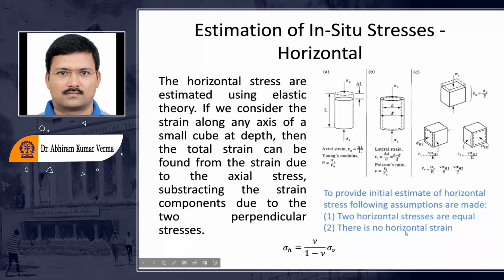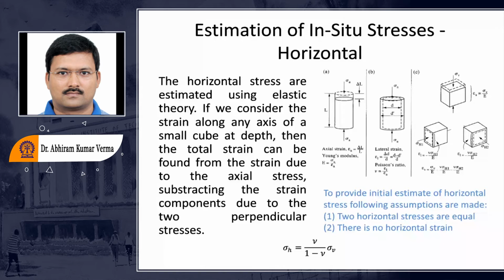So for example, how do we find out these stresses? One very small relationship has been defined based on the theory of elasticity: if I know the vertical stress, we can find out the horizontal stress. If you know the Poisson's ratio, we can find the horizontal stress by this relationship: sigma h is equal to nu by 1 minus nu multiplied by sigma v.